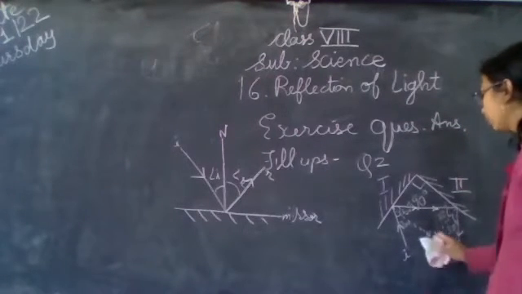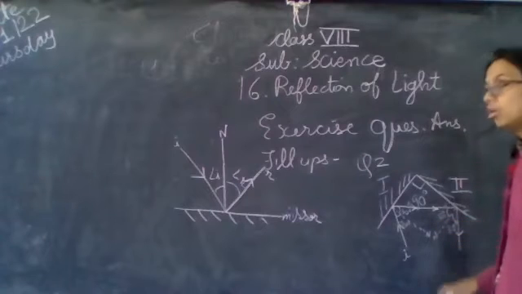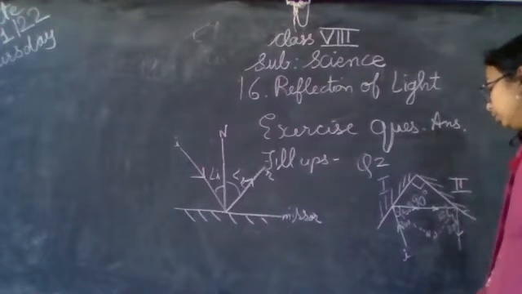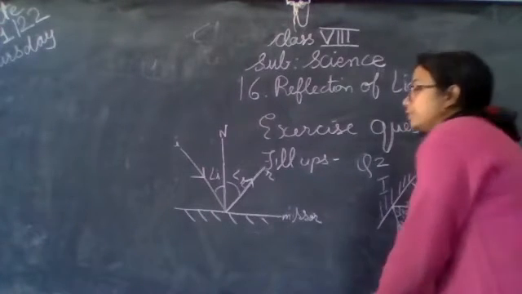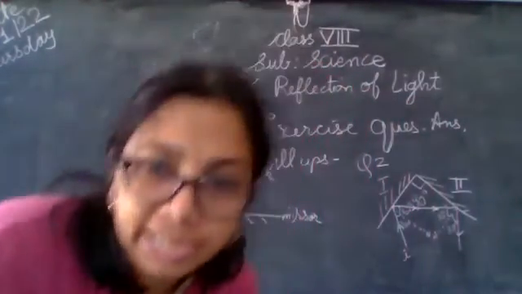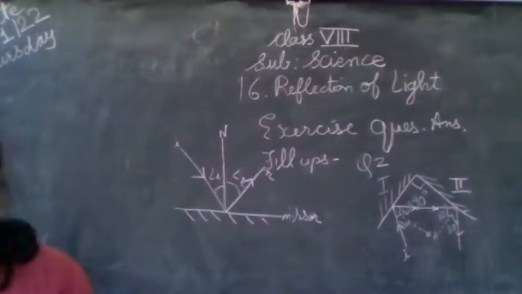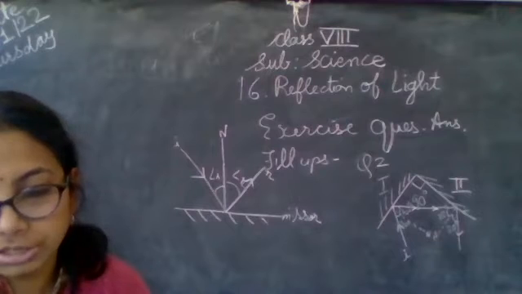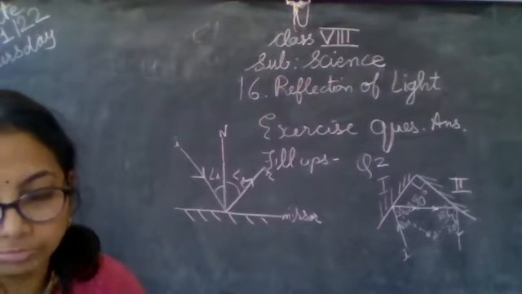So everywhere you can see 30 degrees only will be formed. If you draw this with the help of geometry box, scale and D, you will get these proper angles, okay, that you have to draw.